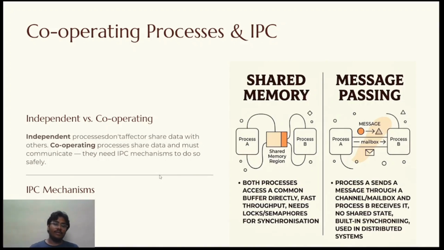Shared memory is fast. Processes access the same memory and need synchronization. Message passing is safer. Processes send and receive messages, and it is slightly slower. For example, browser tabs communicating with a server is IPC in action. Without IPC, modern apps wouldn't work.